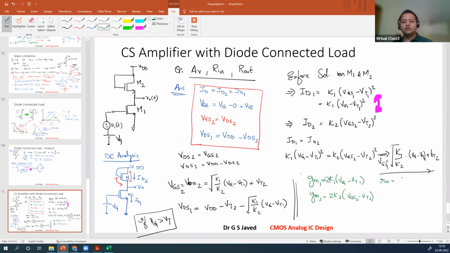R0 is equal to 1 over lambda1 ID1, or you can write it as 1 over lambda1 ID. R0 is equal to 1 over lambda2 ID2, or you can write it as 1 over lambda2 ID. So you have found out the Gms and R0s of both.